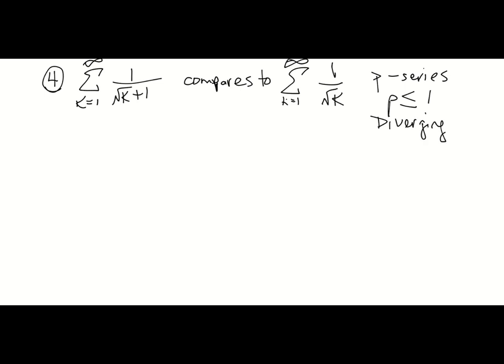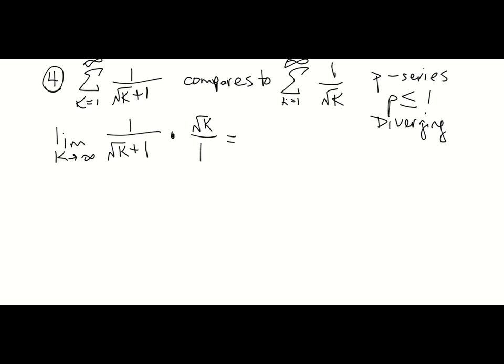So now we're going to figure out what's going on with our original by doing the limit comparison. The limit as k approaches infinity of the original series, 1 over the square root of k plus 1, we're going to divide by the comparison series, which means we're going to multiply by the reciprocal of the comparison series.